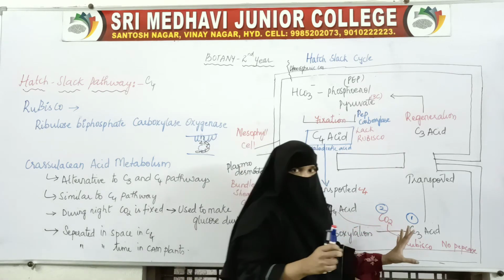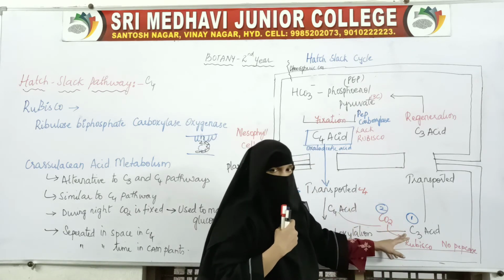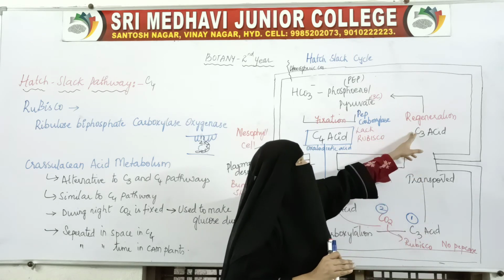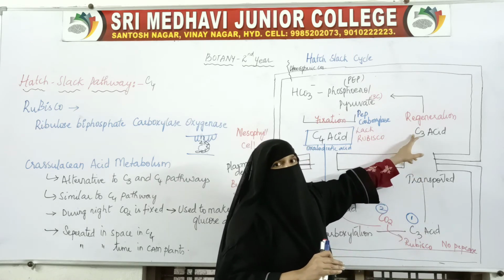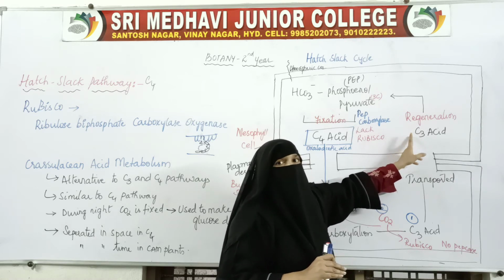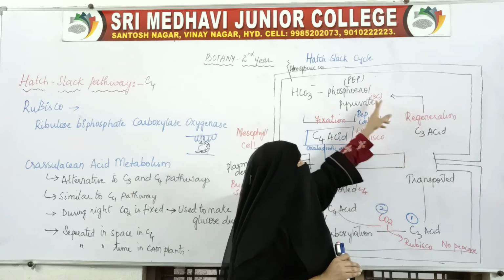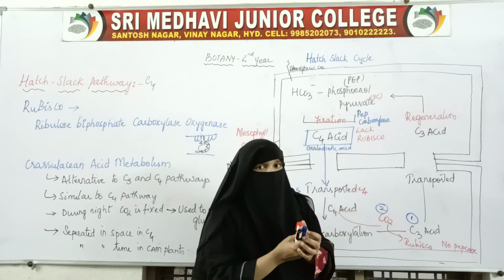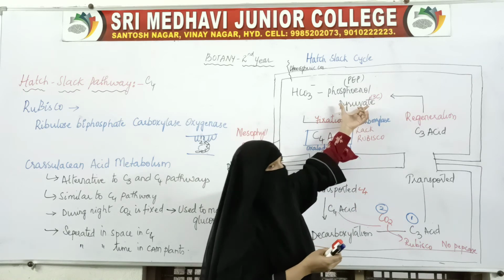So now let us see this first about the C3 acid. The C3 acid will now move to the mesophyll cell because it has to be regenerated. This phosphoenol pyruvate has to be regenerated. It is the same, acting as the host.